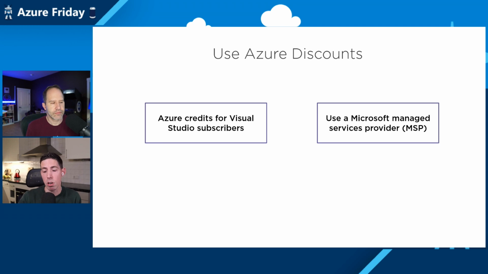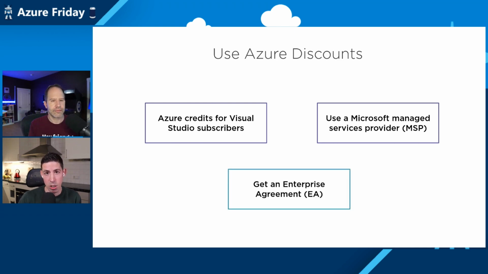Another way is to use a Microsoft Managed Service Provider, or MSP. These are partners of Microsoft, and when you are running an Azure subscription, let's say for production, you can have one of these MSPs run that for you, manage that for you, and they usually will do that by offering you also a discount on your total Azure bill, which is often significant. And then if you get bigger and spend more, then you can get an enterprise agreement with Microsoft.